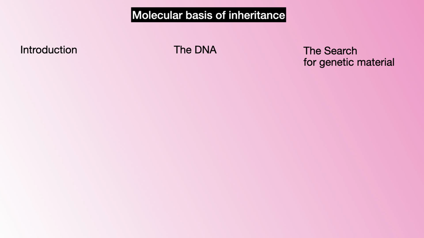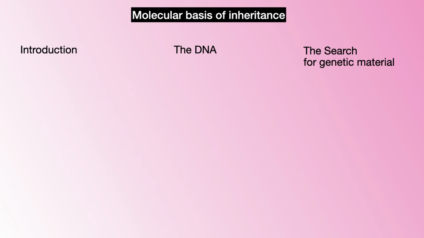Now, let us see the events related to the search for genetic material. Mendel imagined factors. Miescher discovered nuclein. Other scientists narrowed the search to chromosomes as genetic material. But the molecular nature of genetic material was not known.